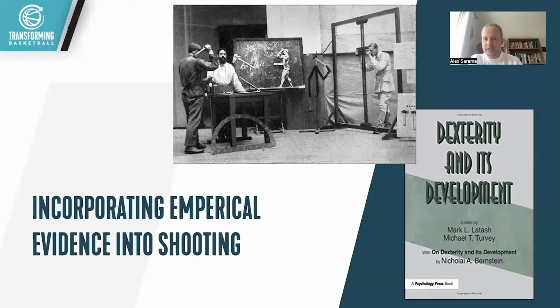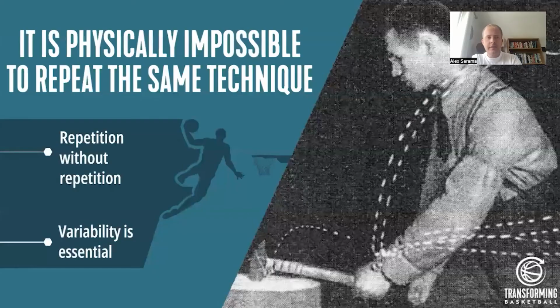We need adaptive shooters. A lot of Bernstein's work looked specifically at the idea of degrees of freedom. All this means is, picture right now that you've maybe got a glass of water or your phone next to you.